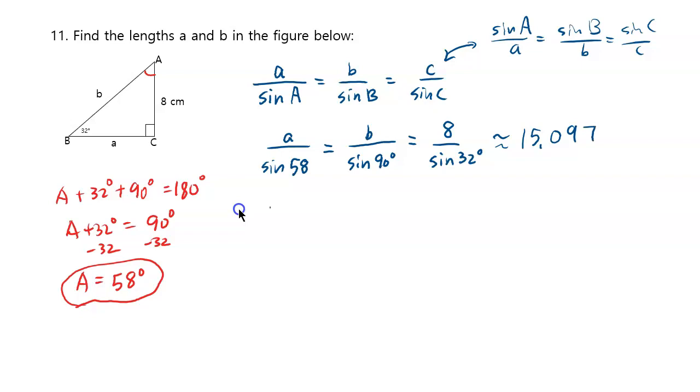And then you have A over sine 58 degrees equals 15.097. Therefore, you multiply this to the other side and you get A equals 15.097 times sine of 58 degrees. Okay, so let's do that.